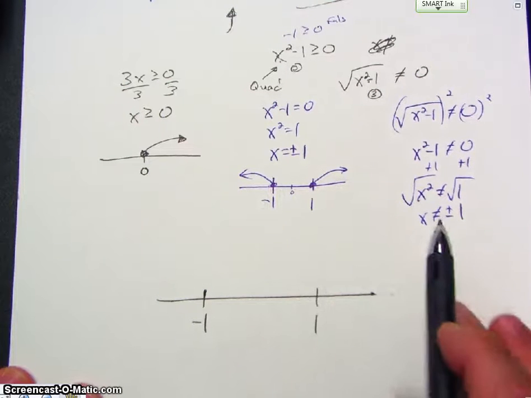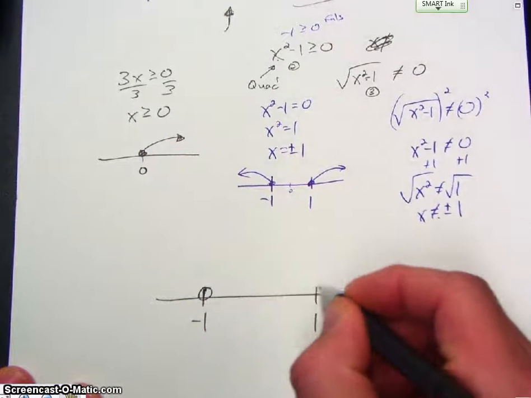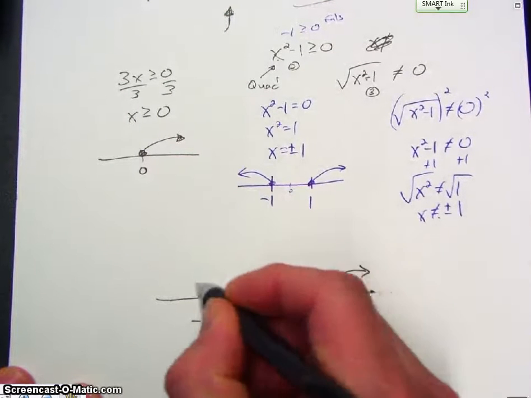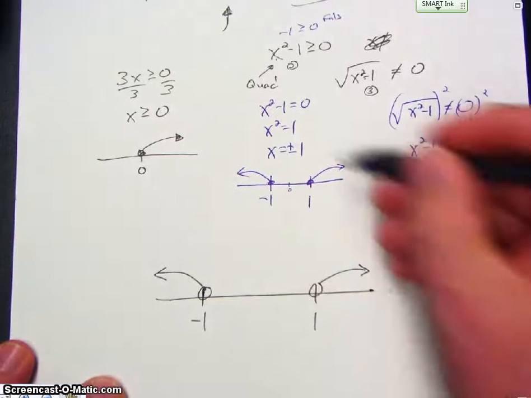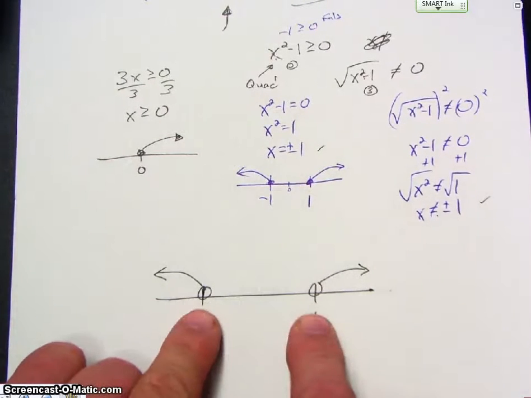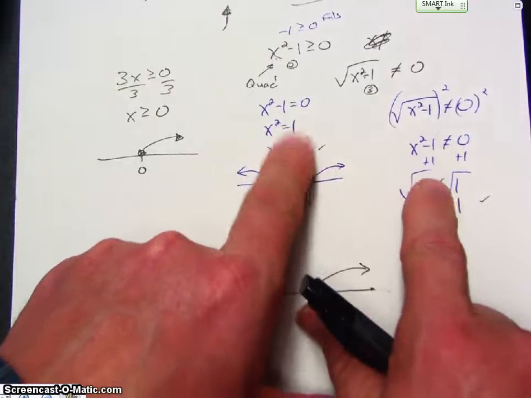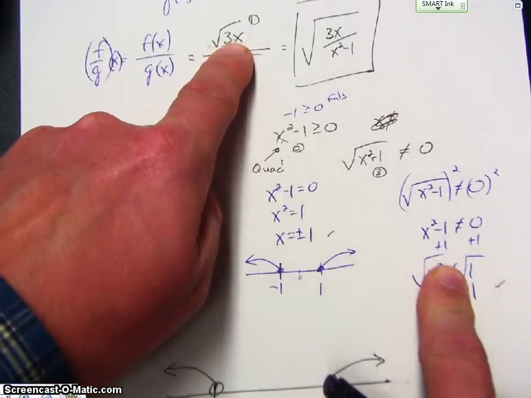Right? But this tells me I cannot include positive or negative 1. So therefore, these become open circles now. So I took care of this one, and I took care of this one. What I just showed you here satisfies these two parts. In other words, it just satisfies the denominator. It doesn't make the numerator true yet.